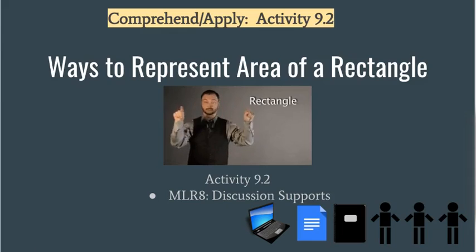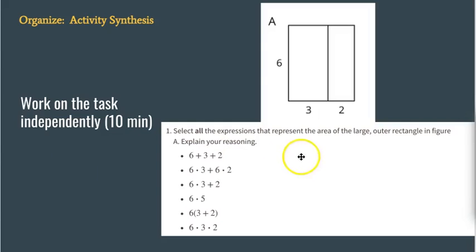All right, let's talk about representing area of a rectangle. So taking a look at this first one here, which expressions would represent the area of the whole outer rectangle? Okay, so we have 6, and we have a measurement of 3 and a measurement of 2.